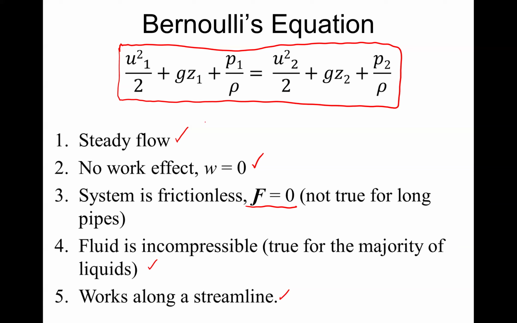But if the friction is not a big component, then you can use Bernoulli's equation. It is not true for long pipes. It is not true for very small pipes either, like microfluidics, which always have a high friction component. So you have to be careful on how you use the Bernoulli equation.